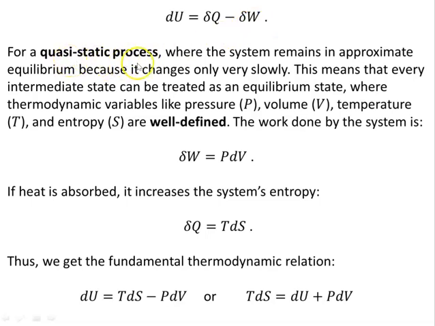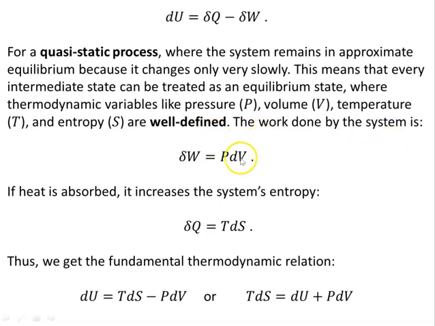So for a quasi-static process, and we're going to be relying on that through this video, the system remains in approximate equilibrium because it changes only very slowly. That's one of the assumptions with this model. This means that every intermediate state can be treated as a kind of equilibrium state, where thermodynamic variables like pressure P, volume V, temperature T, and entropy S are well defined.